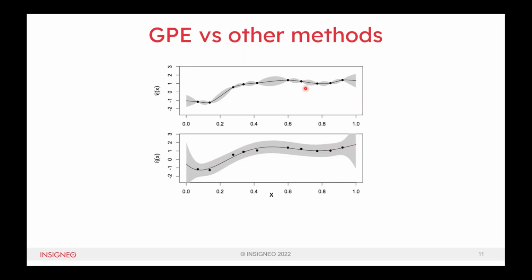Whereas, as I said multiple times already, the Gaussian process gives you 0 error on the training dataset, and then the error changes smoothly between 2 consecutive points.